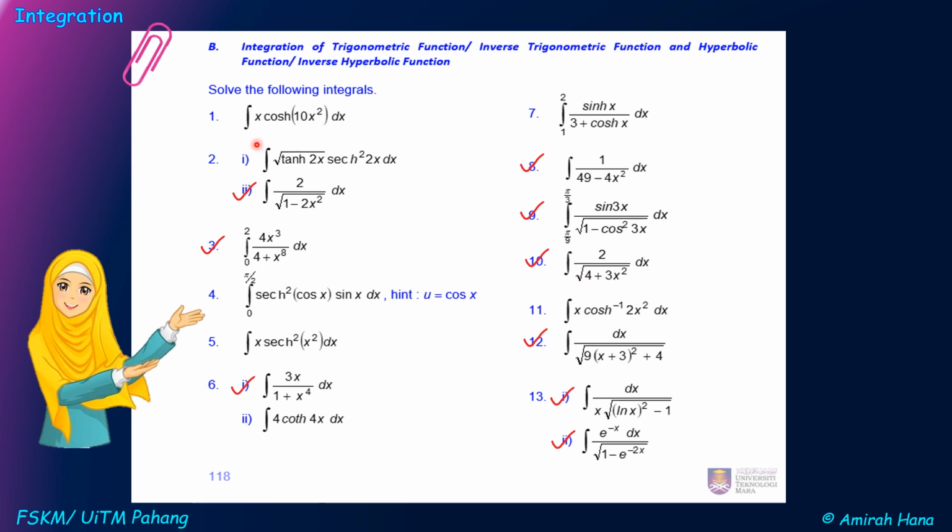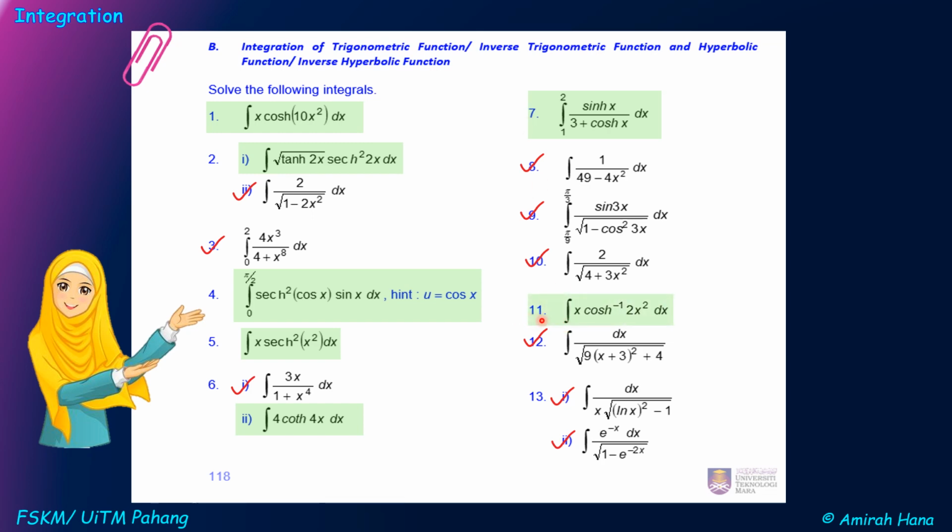So, dalam video ni kita nak discuss nombor soalan yang kita belum sempat discuss masa kelas ya. Iaitu number 1, number 2 Roman 1, and then number 4, question number 5, question number 6 Roman 2, and then question number 7, and question number 11.